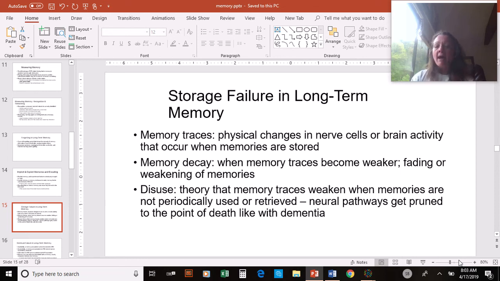And then we also have disuse, and that basically is that some memory traces fade over time because they're just not used or retrieved. Once again, those neural pathways get pruned to the point they're just dead.